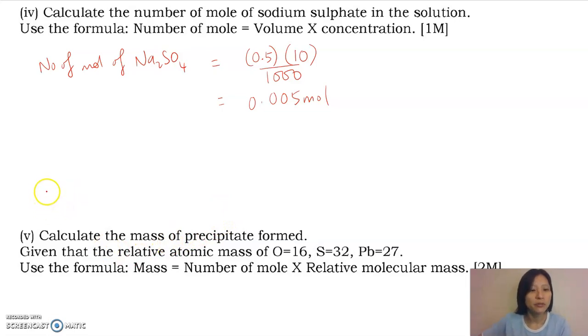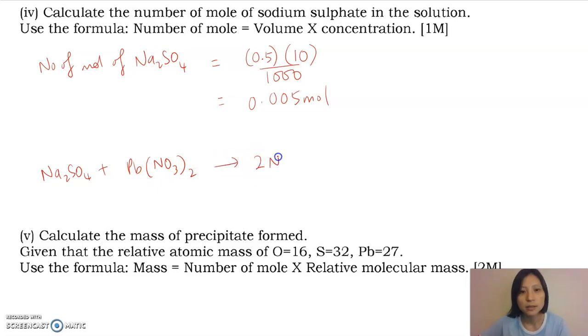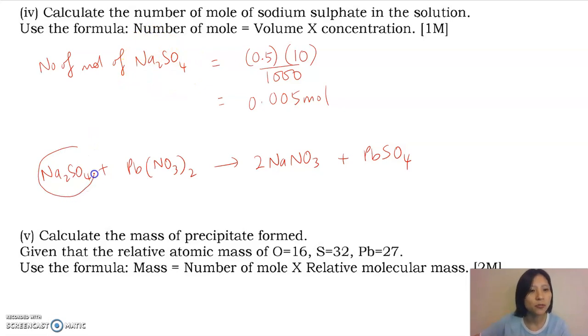I will rewrite the equation here so that it's easy for us to refer. This is the equation that we had written earlier. From the equation, we are only interested in Na2SO4 because we know the number of mole, and we are also interested in the precipitate formed because we want to look for its mass.